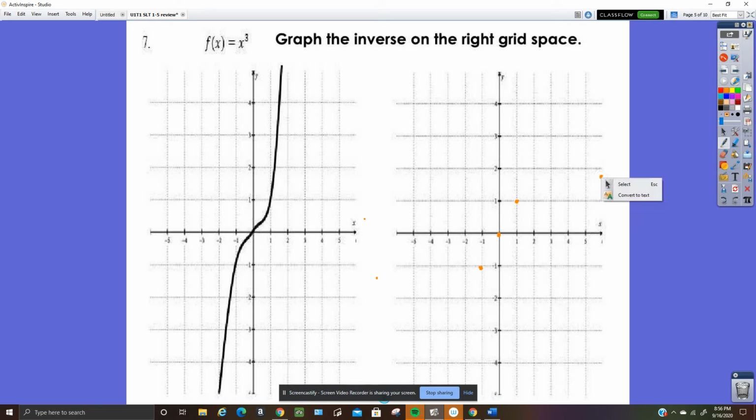And then on the other side, (-2, -6) becomes (-6, -2), or about that. And then you want to draw a graph through that. This is going to be difficult for me, but I'll do the best I can here. So this would look like that there.